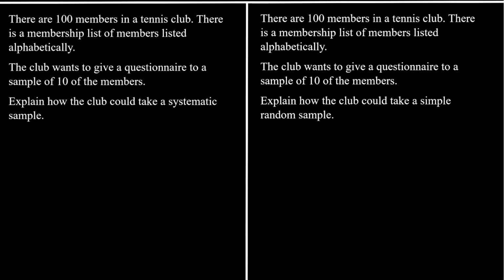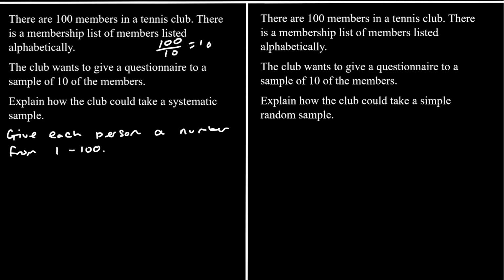So it doesn't say the list is numbered, so give each person a number from 1 to 100. And because 100 divided by 10 is 10, we're going to take every 10th person.